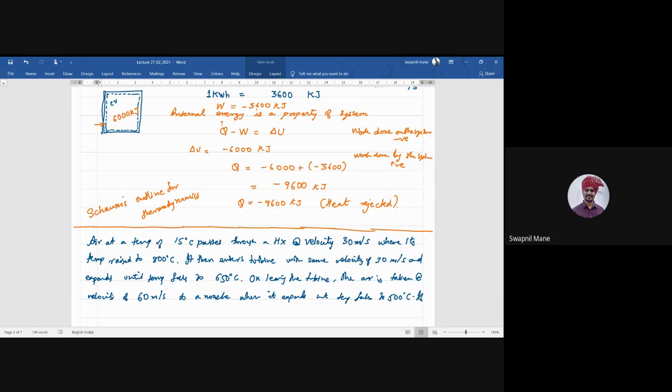Okay. If the airflow rate is 2 kg per second, this is the m dot.